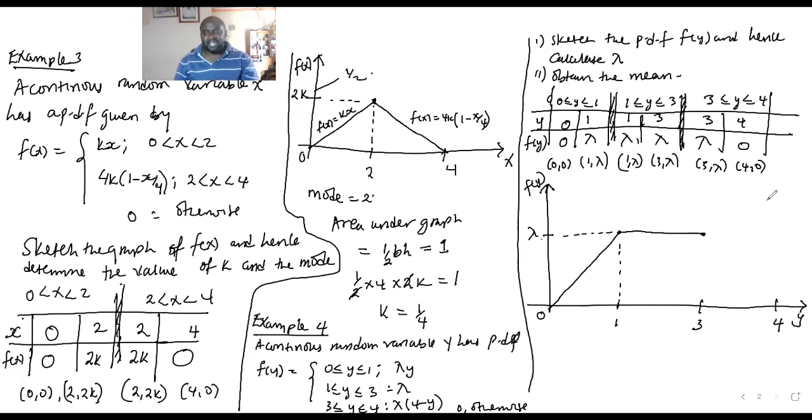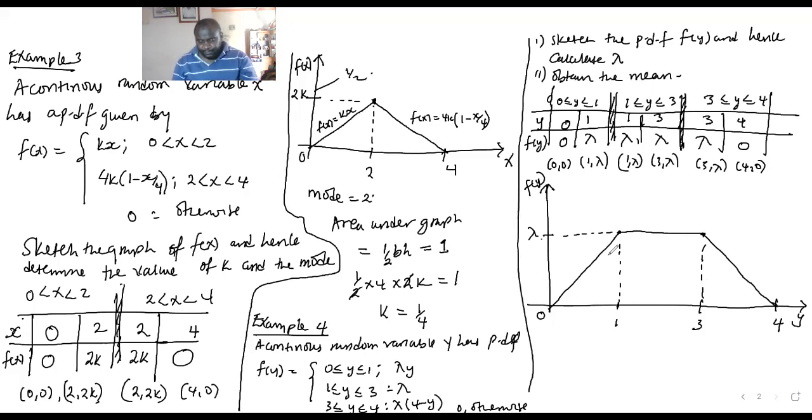Then after 3, the curve goes back to 4, 0 by following a negative gradient, because the gradient is negative in the region between 3 and 4. So for that reason, you are going to sketch a negative gradient downwards like that. And that is how our graph looks.